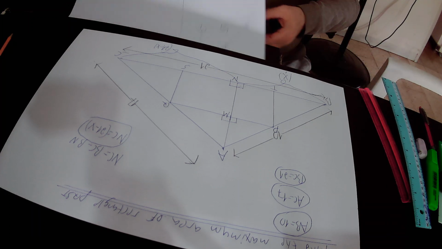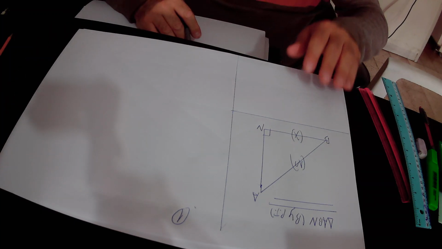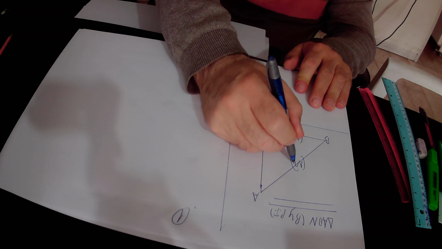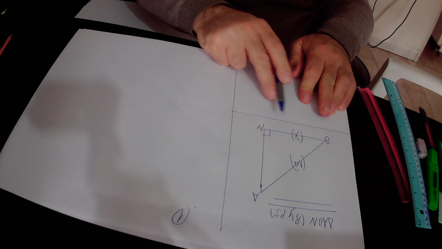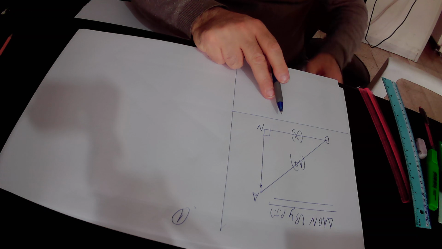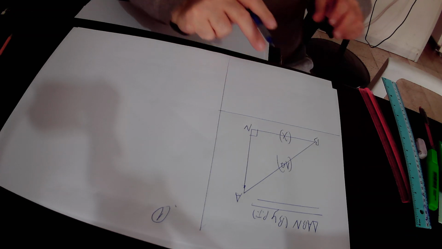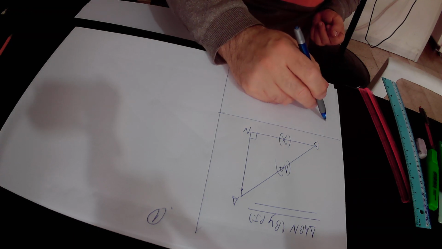So actually, this is the right triangle ABN that I copied from the original drawing. Again, the hypotenuse AB equals 10 units and BN equals X units according to our definition. So, according to the Pythagoras theorem, in any right triangle, the square of the hypotenuse equals the sum of the squares of the perpendiculars.